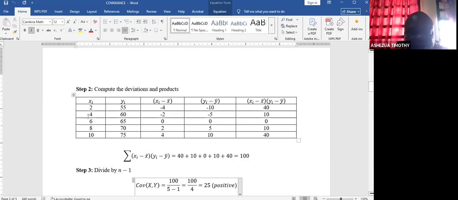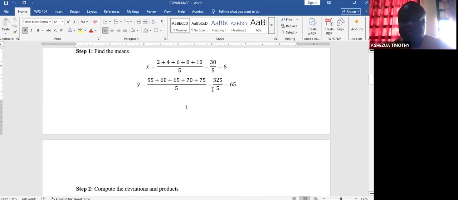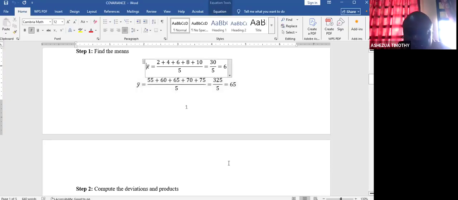You go to 4. 4 minus the mean, you have minus 2, and 60 minus the mean of y, you have minus 5. Note that I told you the mean of x is 6 and the mean of y is 65.